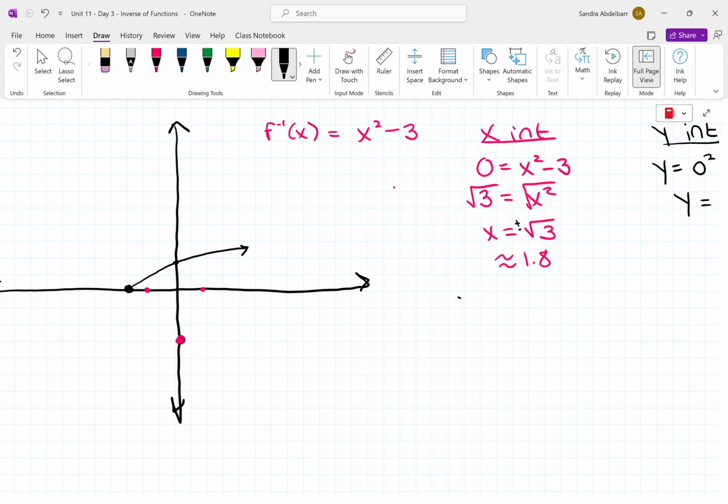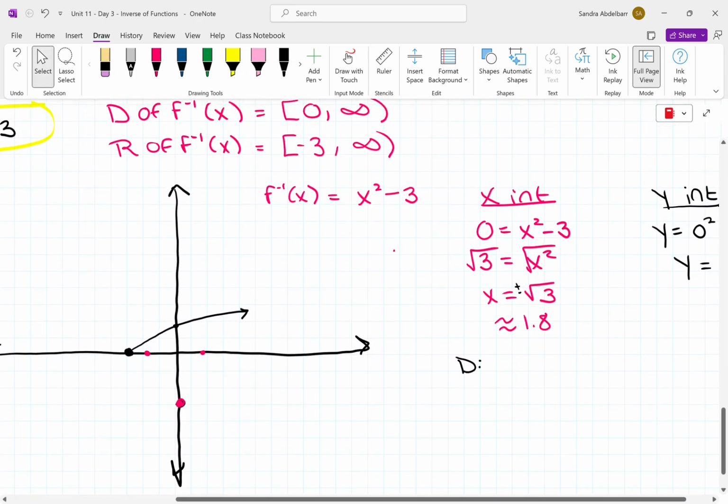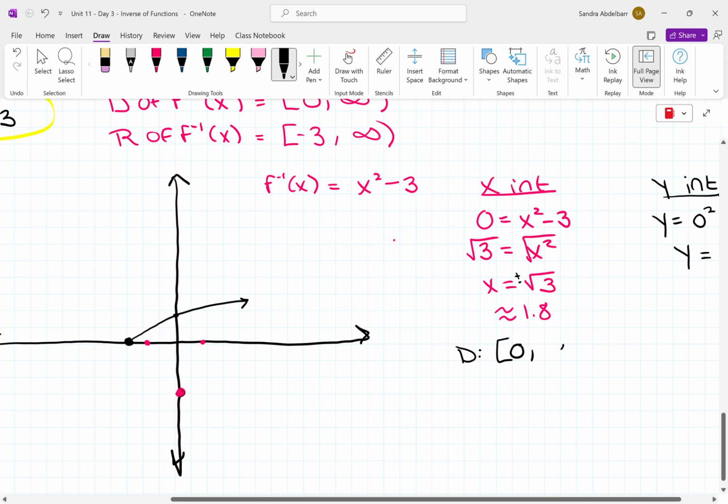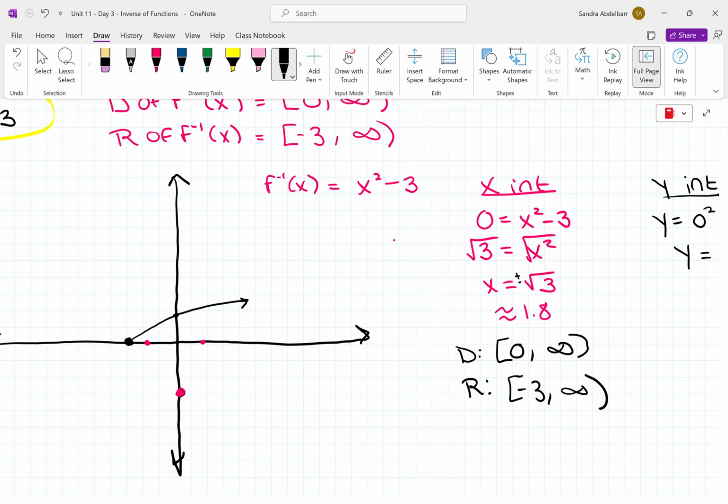Okay, but don't connect anything yet. We are restricted. What are we restricted with? Our domain. Our domain is 0 to infinity, and our range is -3 to infinity. If my domain is 0 to infinity, which of these points, if any, would I have to erase if my domain is starting at 0 and going to infinity?